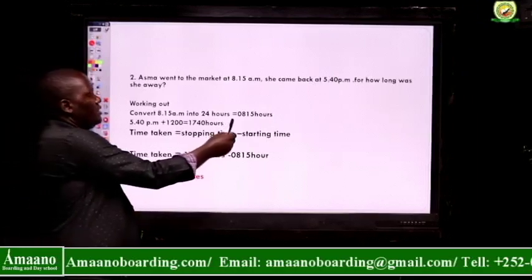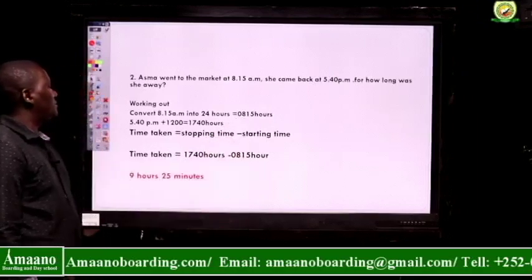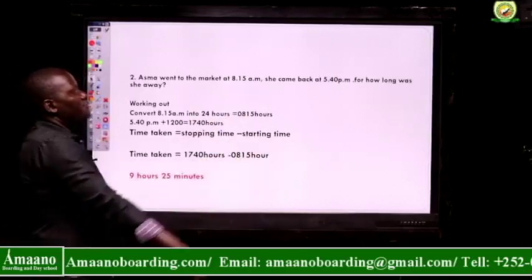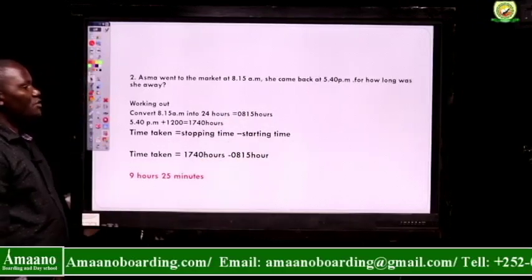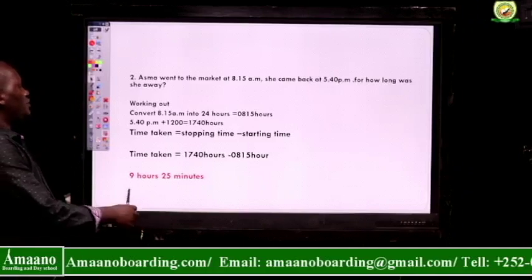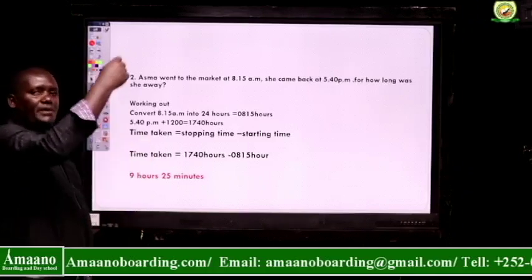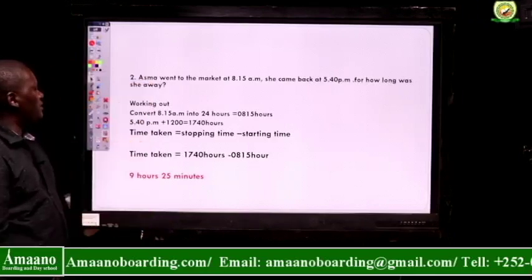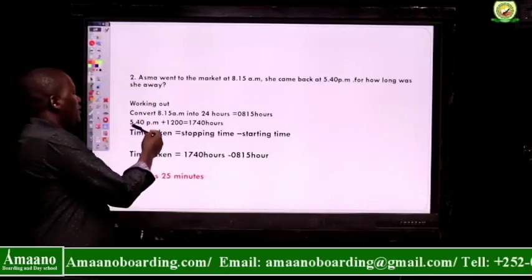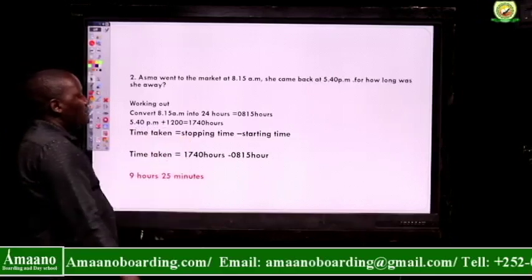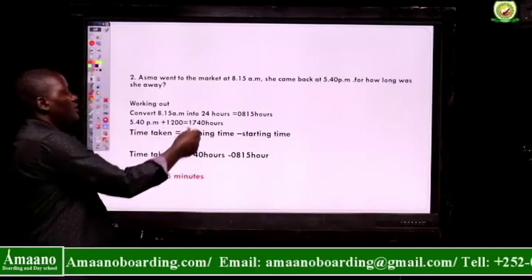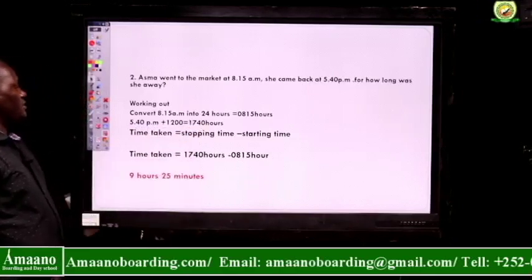It will be 0815 hours. Again, convert 5:40 p.m. into 24-hour clock system. It means it has already passed the 12-hour clock system. So it will be 5:40 plus 12 hours. That's going to be 1740 hours.